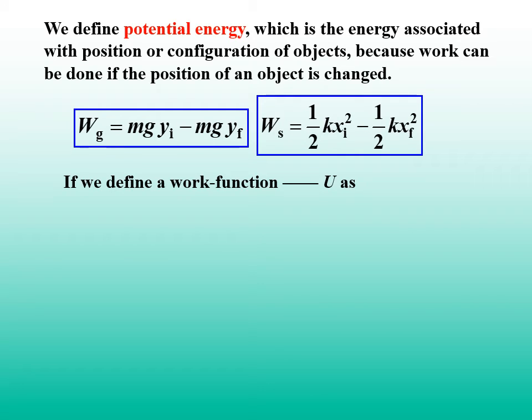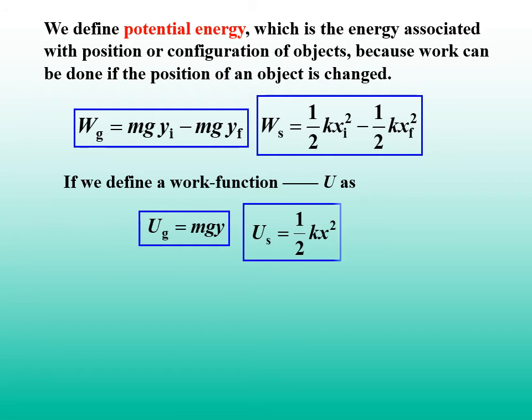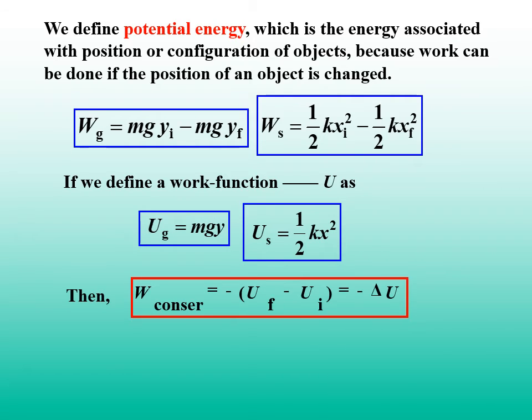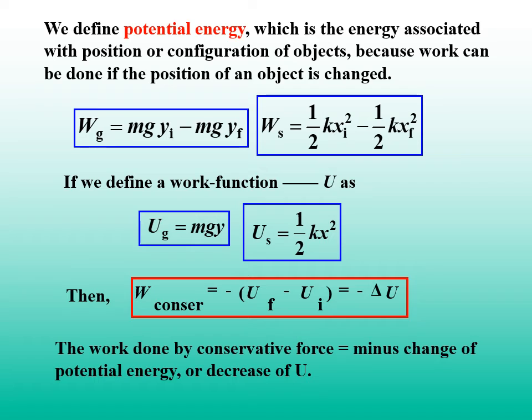Take a close look at the expressions of the work done by gravitational force and spring force. If we define a work function U as U_g equals mgy, U_s equals 1/2 kx squared, that is the potential energy, then the work done by a conservative force equals minus the change of potential energy, or the decrease of potential energy.